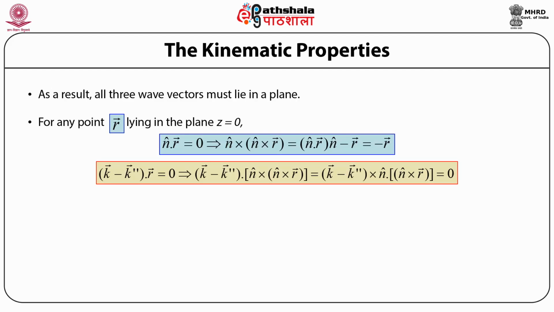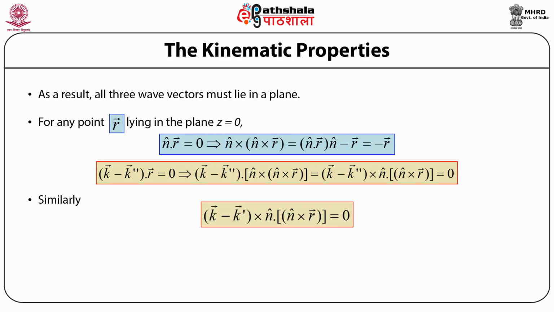Now since from the above relation we have defined n cap dot position vector r equal to 0, therefore from this equation also we can write down that this result comes out to be equal to 0.